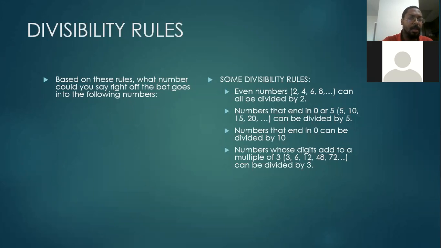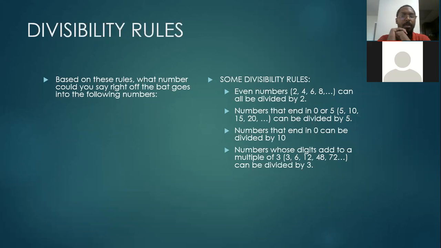So if we ever get a number like 346, and we're totally stumped about where to start, we know that 346 is an even number. So at the very least, we know that we can divide it by 2. If we get stuck with two even numbers, I can divide by 2.